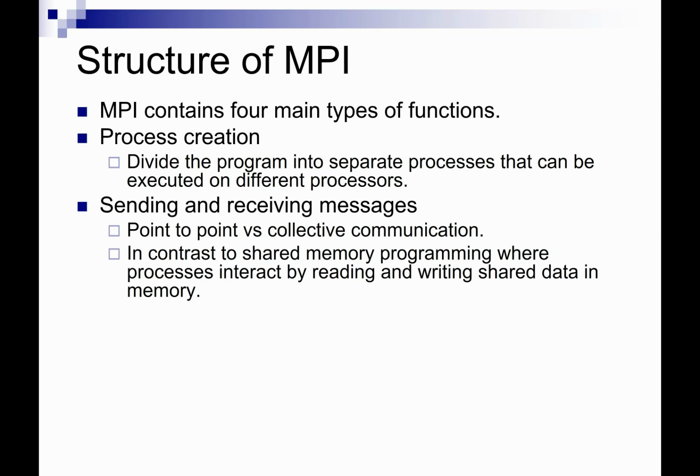This is in contrast to the shared memory programming model, where all of the processes share a common chunk of memory, and any process, in order to access this memory, can just do a normal read or write operation. So a shared memory program basically looks just like a traditional C program. You can read and write memory using the normal C assignment and read operators.